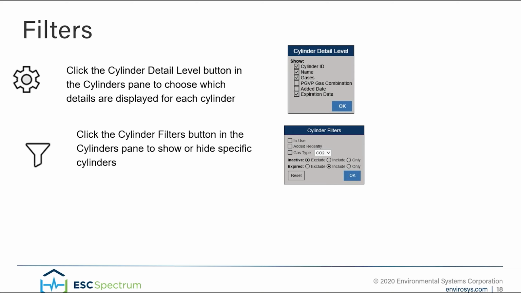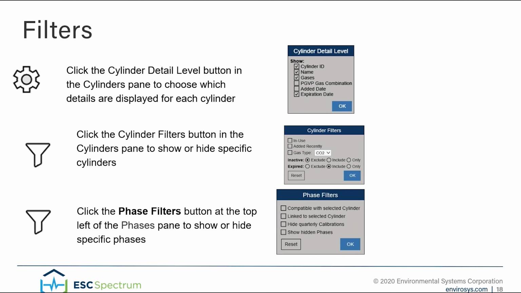If someone has gone in and said, I want to see only my inactive cylinders, and for whatever reason your system has no inactive cylinders, your cylinder display in cylinder management is going to be blank. And that can pretty much be scary because you're thinking all of my cylinders are gone. What am I going to do? Again, simple fix, just go into your filters and click on the reset, and that will put everything back the way it should be.